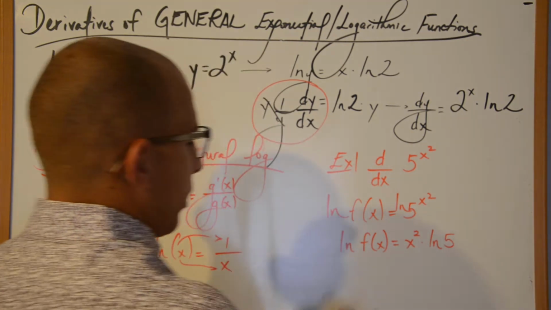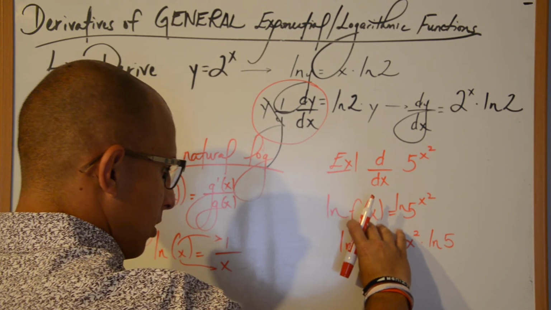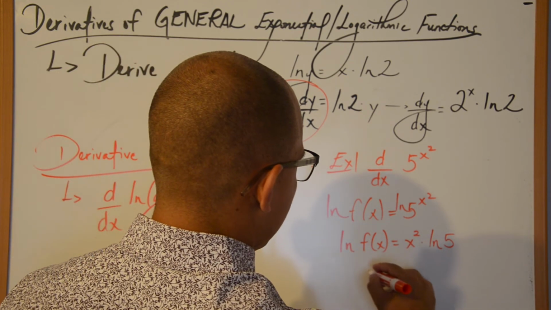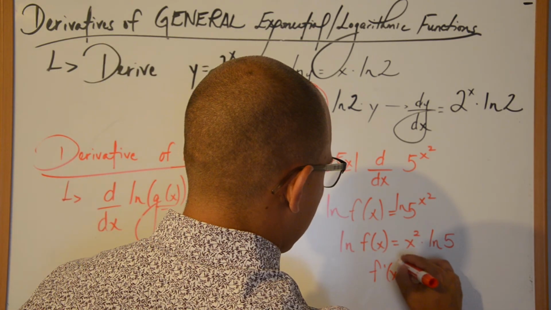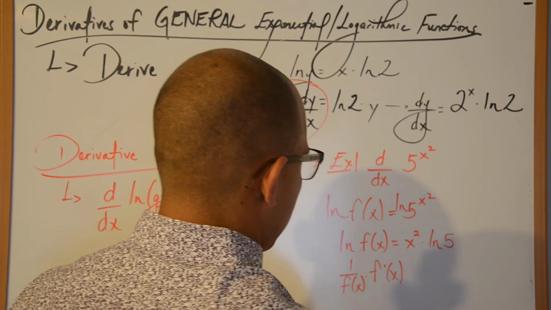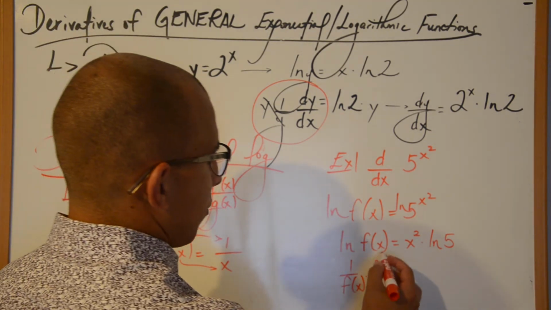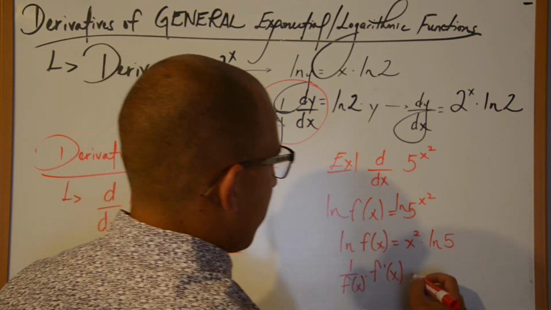When I go to take the derivative of this, the natural log of a function, I get f prime of x times 1 over f of x, because the derivative of this is 1.